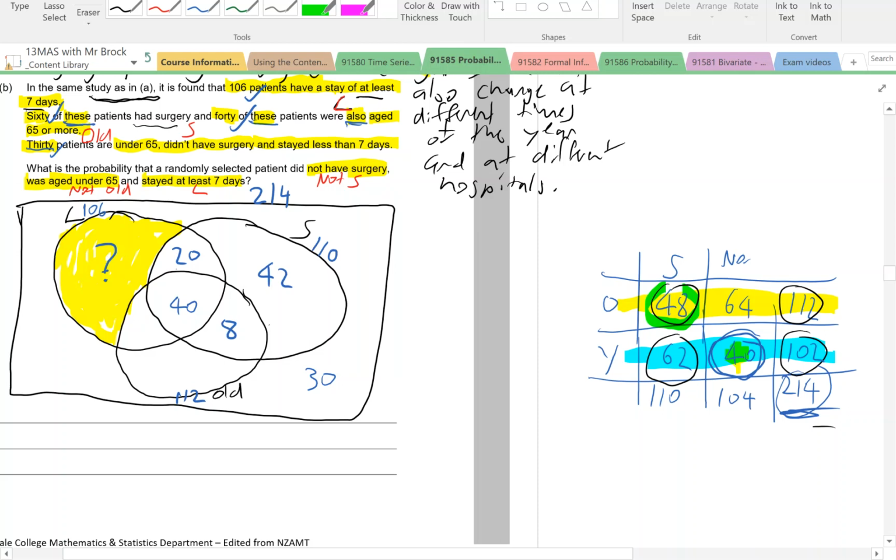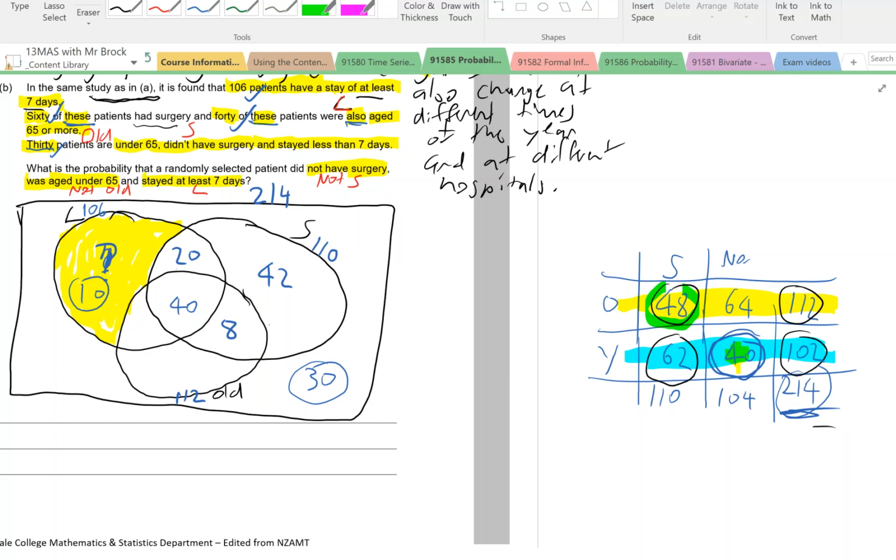So where's that going to go? So it's these 30 here, plus where are the other 10 going to come from? The other 10 must come from here. So that means we now have our answer, don't we? There must be 10 people that were in the long category, but not in the surgery or the old category.